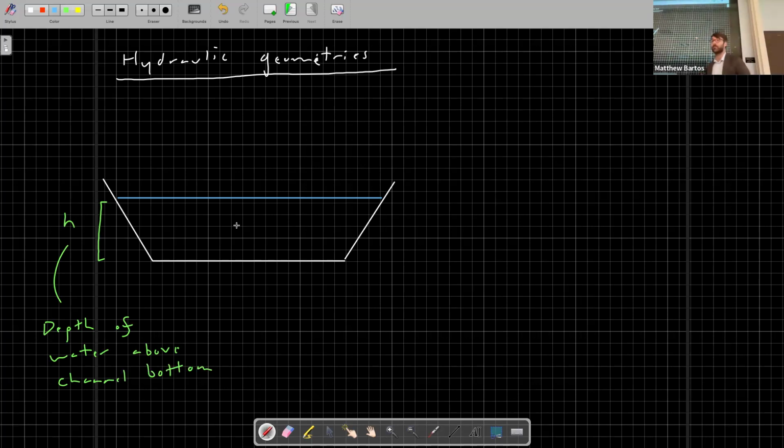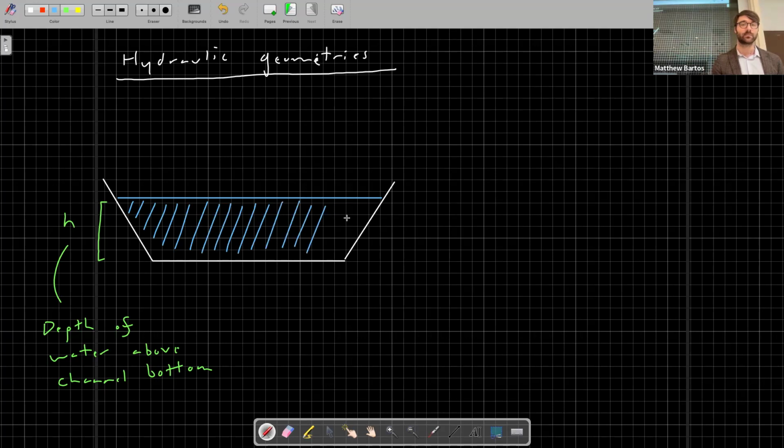There are a couple of key hydraulic geometries that we're going to need to know. The first is the cross-sectional area of flow. That is this entire area here. So we have A of H.